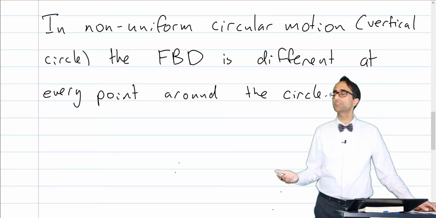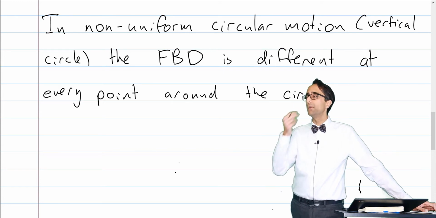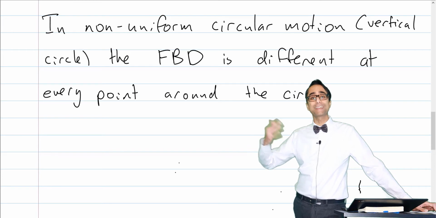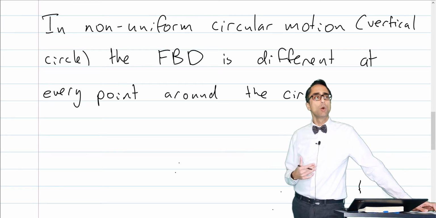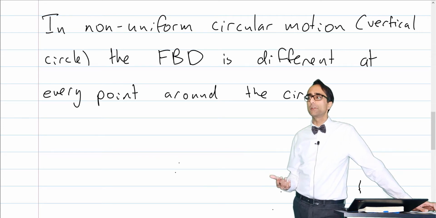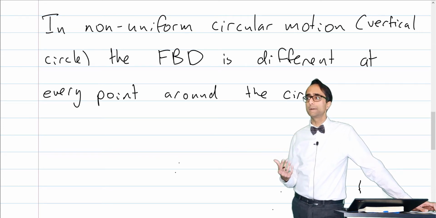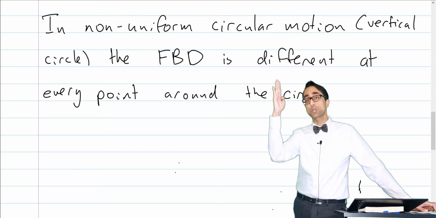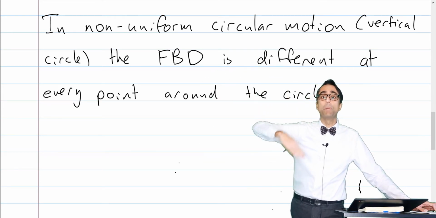And so where do we actually do these problems? How do we handle the fact that the free body diagram looks different at the different locations? Well, you simply do it at the most interesting part. And so all of the non-uniform circular motion Newton's laws problems occur at the very top of the circle or at the bottom of the circle.